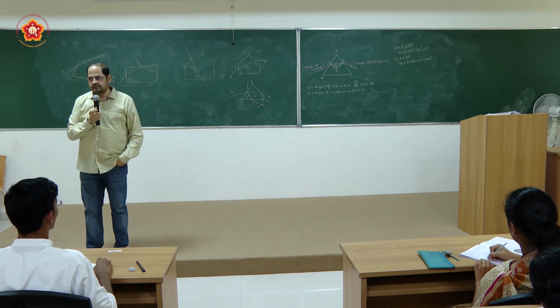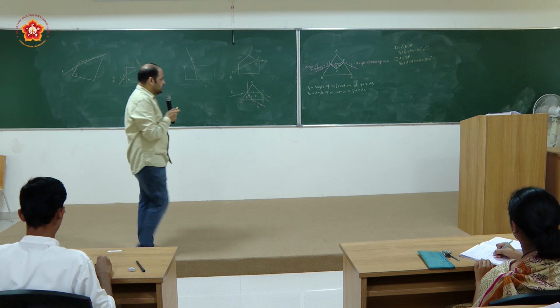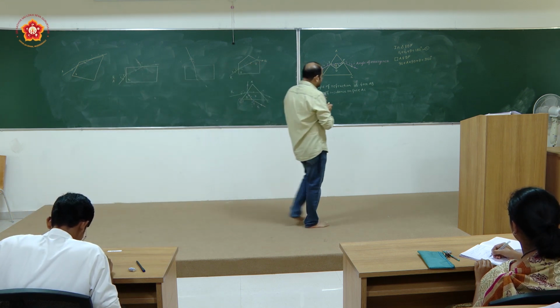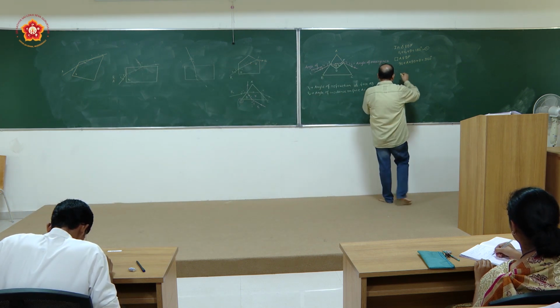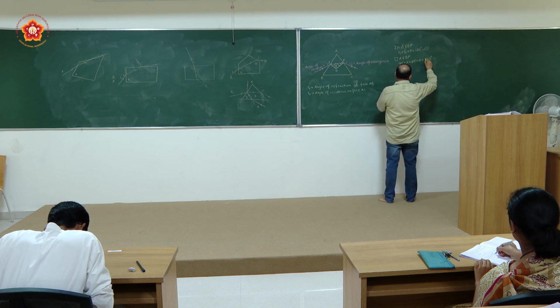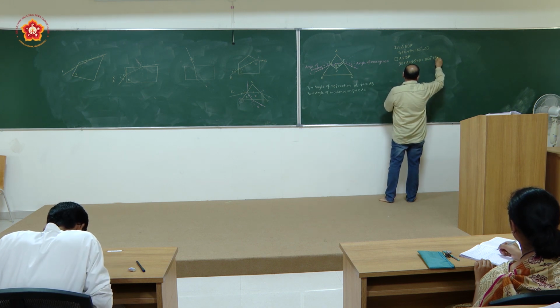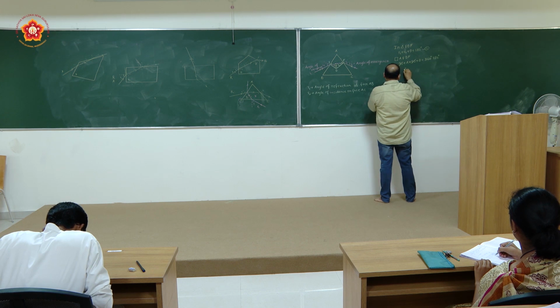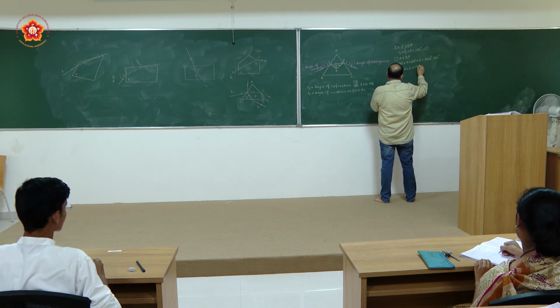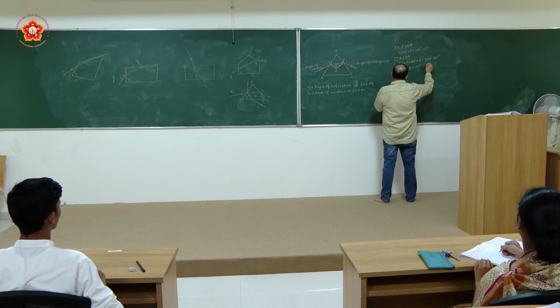So if we are able to put down this, 90 and 90 get added to 180. So I will have A plus theta is equal to 180 degrees. That is my equation 2.